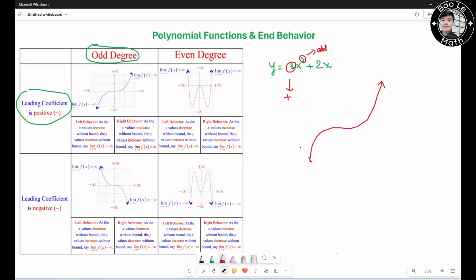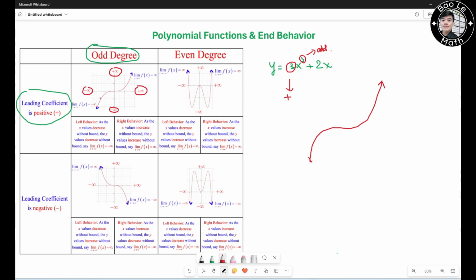When s approaches negative infinity, the function keeps going down to negative infinity. So make sure when you work on the end behavior of a polynomial function, you write negative infinity, positive infinity, negative infinity, and positive infinity.